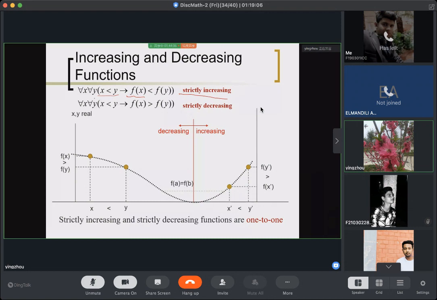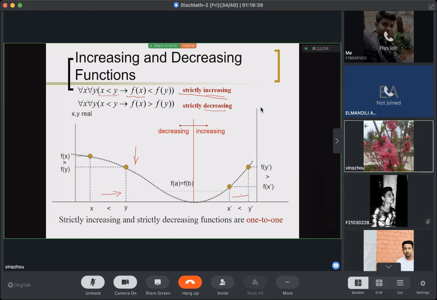Then if x is smaller than y, then f(x) is also smaller than f(y). Decreasing just means when x is larger, y is smaller. When x increases, y goes down.